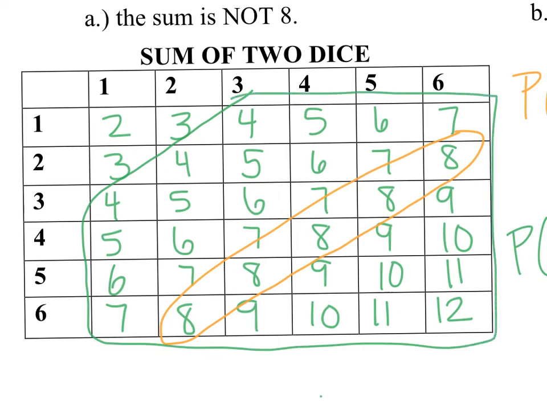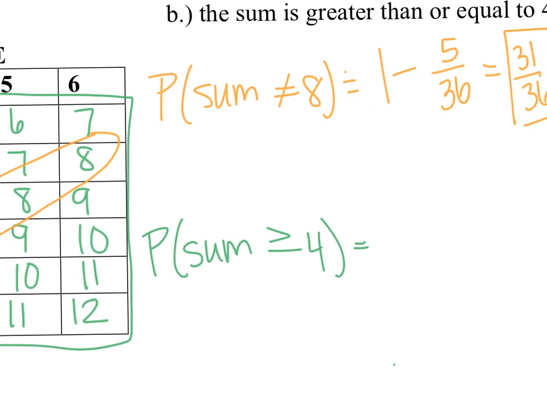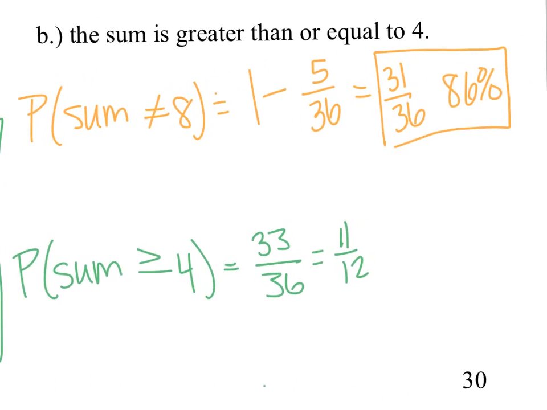So how many sums are there that are 4 or greater? 33. So 33 out of 36, which does reduce to 11 over 12. And that would give you a percent of 92. So you have a 92% chance of getting a sum that is greater than or equal to 4.